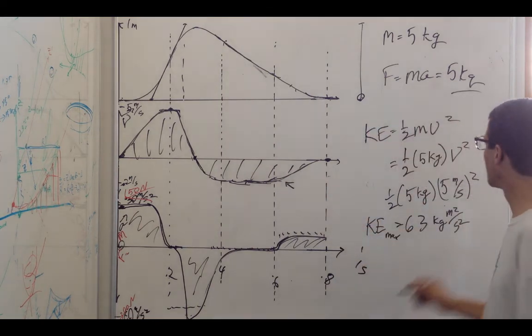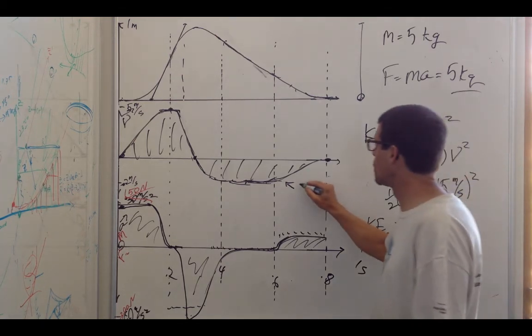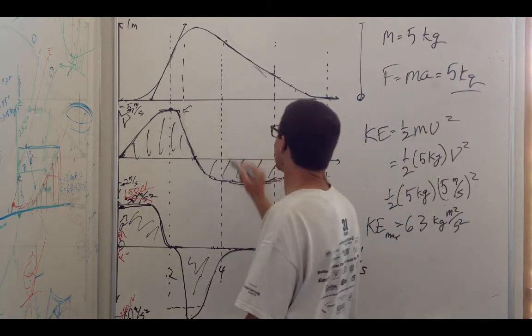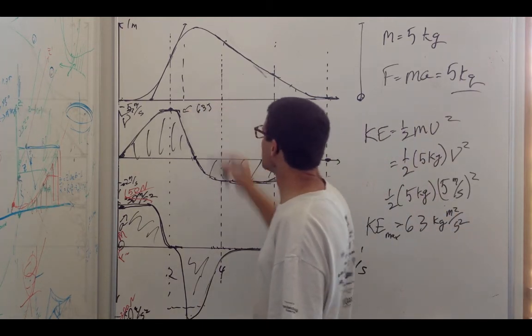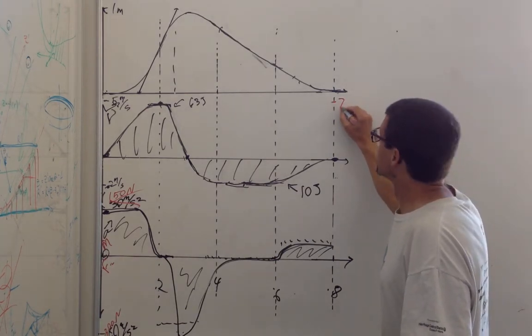So let's go in and calculate the kinetic energy here as well. If it's only 2 meters per second, that squared gives me 4 meters squared per second squared, times 1/2 is 2 times 5 is 10. So this is only 10 joules here, where this corresponds to 63 joules. So let me make another scale where this is 70 joules.